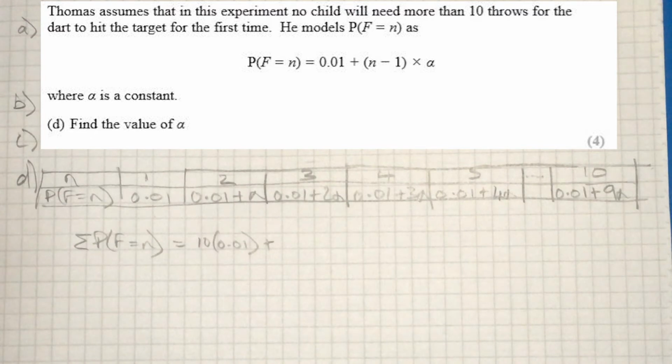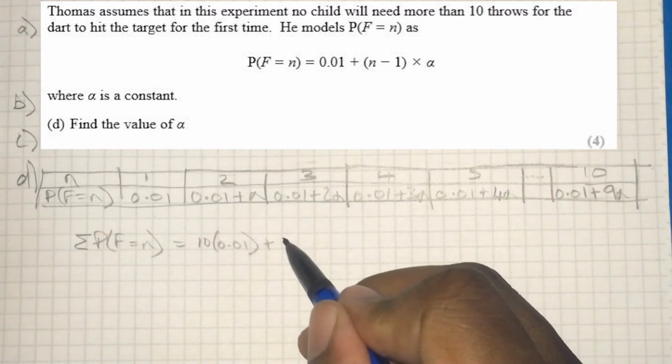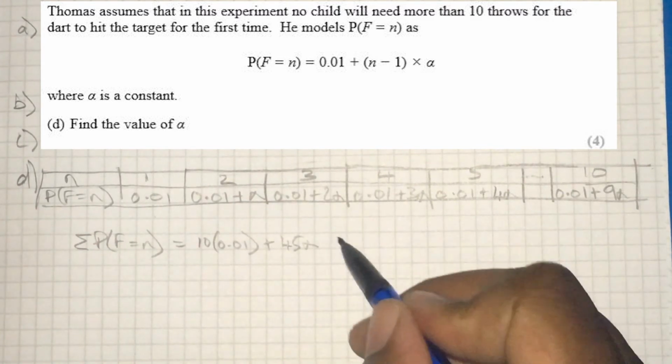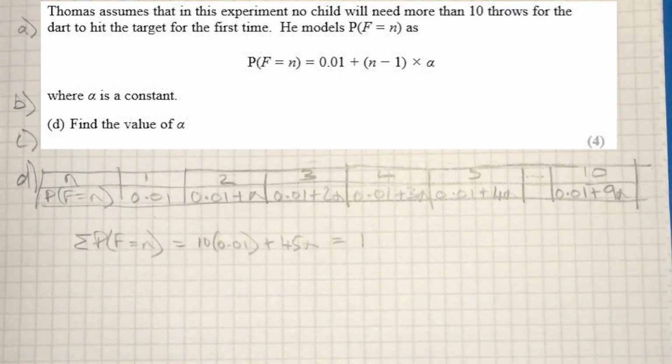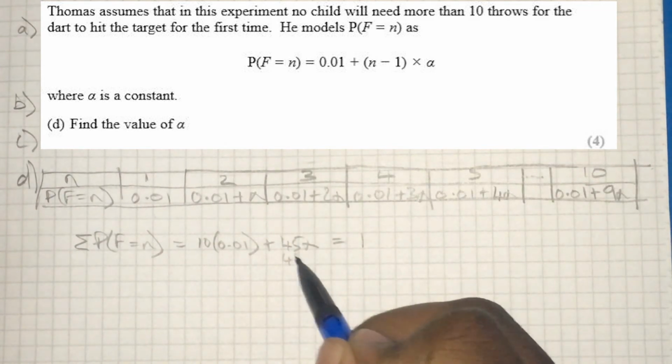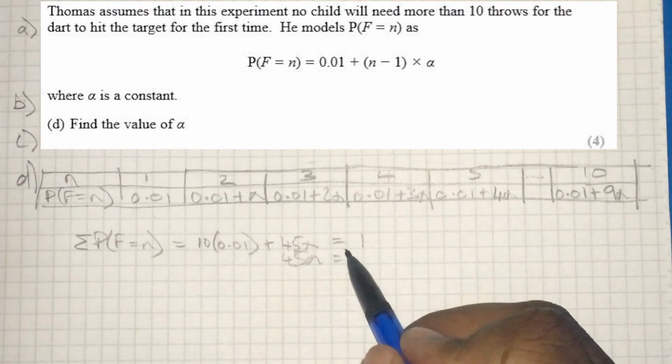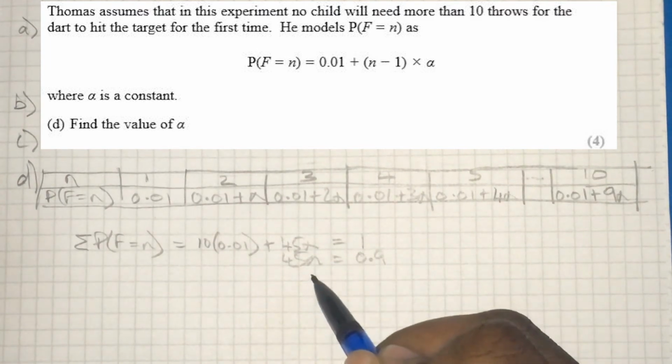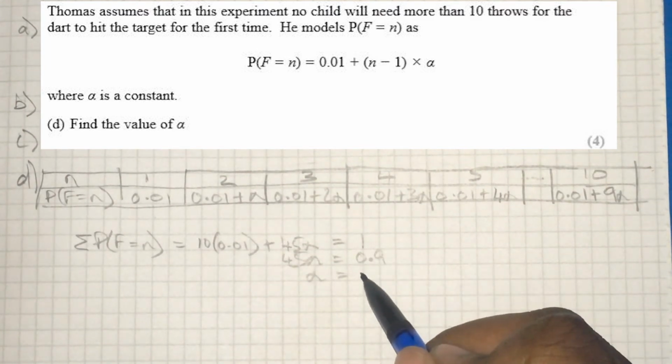And this in itself is a sequence, but I can tell that I'm going to have 45 alpha. Okay, so that should equal 1. And just some rearranging to solve gives me the value of alpha. Alpha equals 0.02.